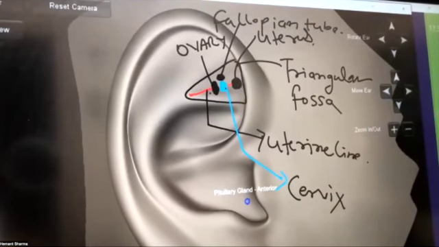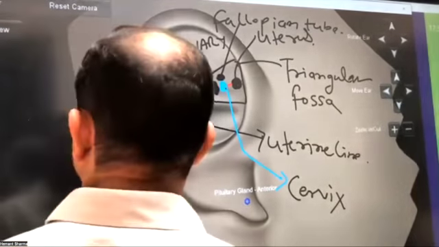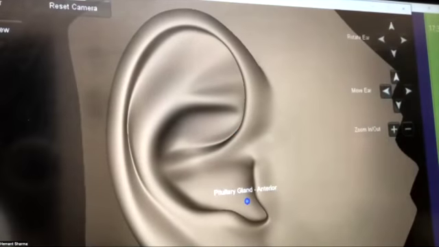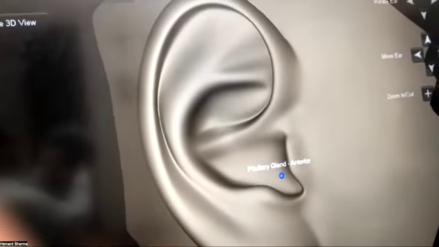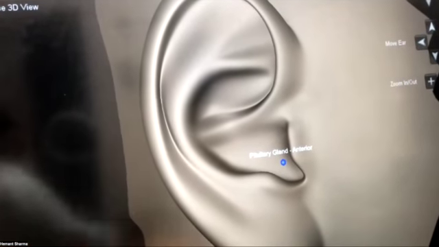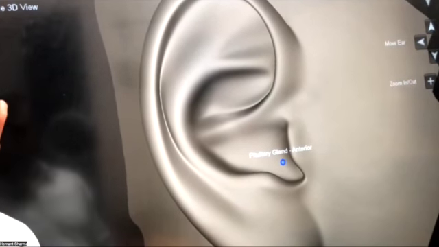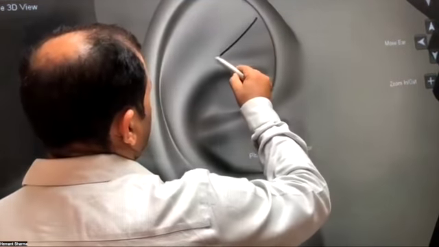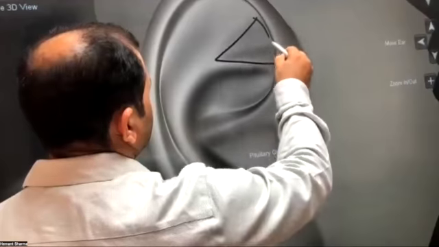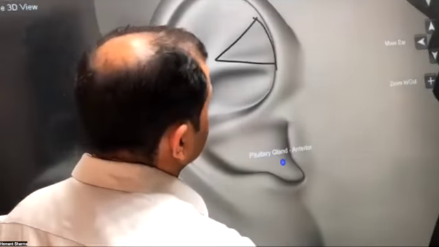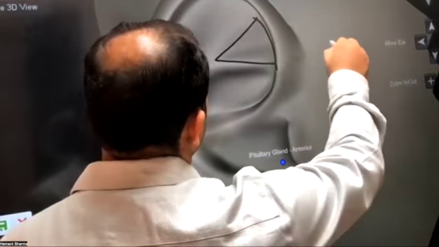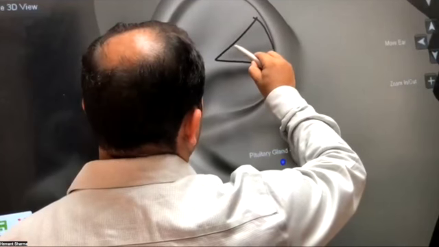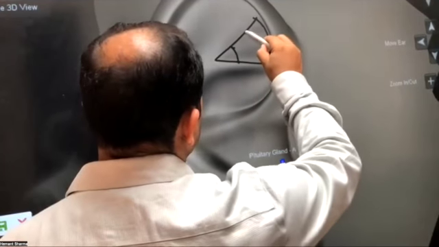So this is the triangular fossa. We can divide it into three parts.